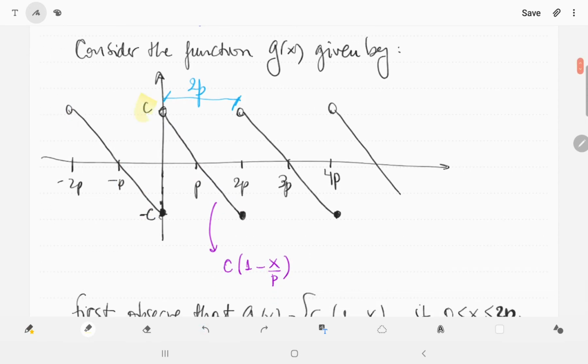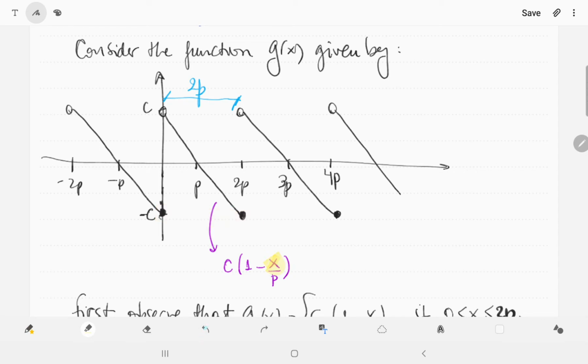We have a letter C that is just a positive constant, and this piece of line can be written in this way: C times (1 minus x over p). You can check that when x is 0, we take the value C, and when x is 2p, we take the value minus C here.